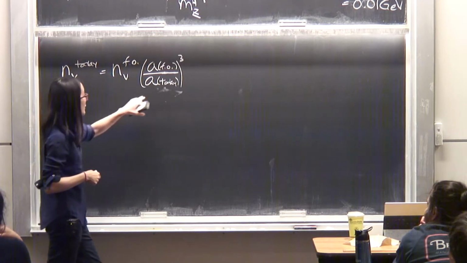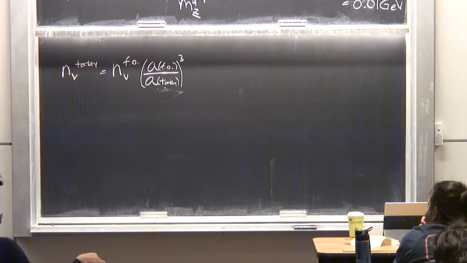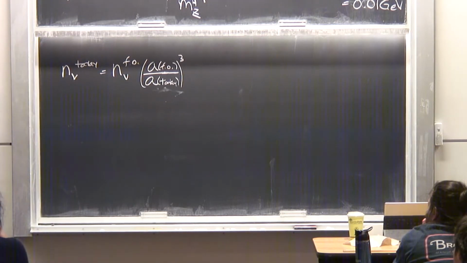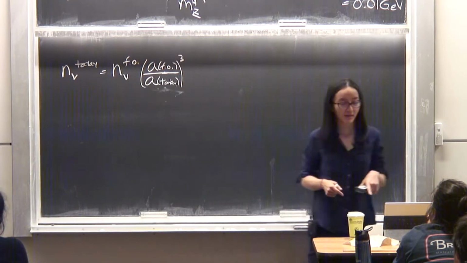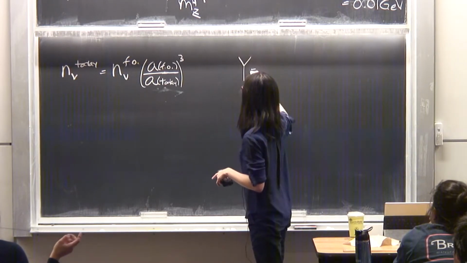So instead of using the scale factor, which is a little bit annoying to keep track of, we get the number density today by using the entropy density. In other words, the entropy density times the scale factor cubed is conserved. So if we track the scale factor at the time of freeze-out and today, we can get the relic abundance today.